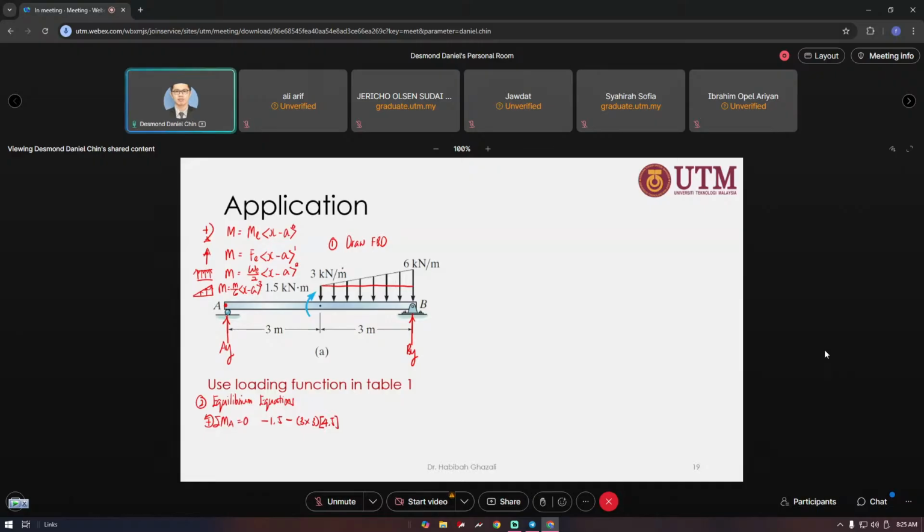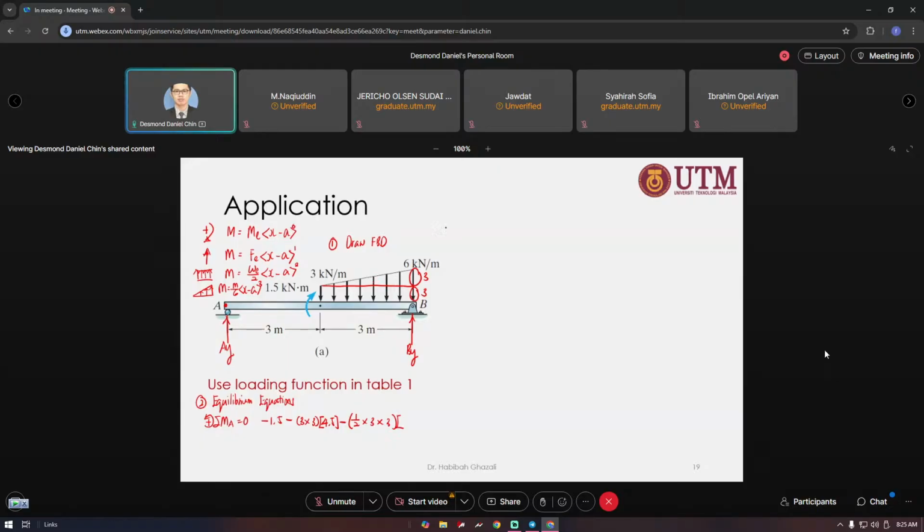Next, you have this triangle. This triangle is also pushing downward, so obviously it will cause a clockwise motion. The area of the triangle is 1 over 2 times 3, and then also times 3, because this is the height of the triangle. This is 3, this is 3, right? Must remember this, the basic thing that you have learned in chapter 1. Next, what is the perpendicular distance of the triangle?